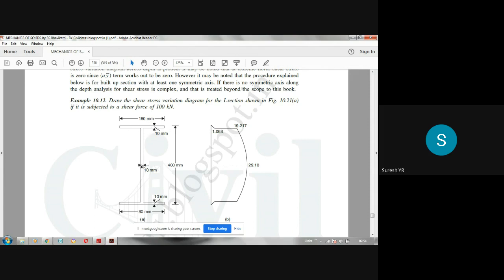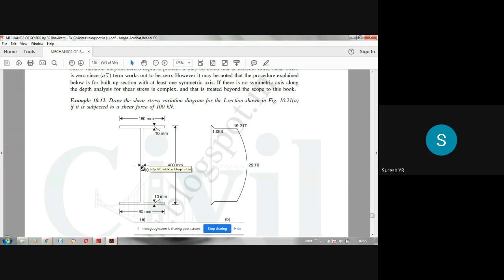Whatever area is there above the neutral axis, it is like a T section. In that A into Y bar, A is nothing but this entire area above the neutral axis, into Y bar is the distance of the corresponding centroids.